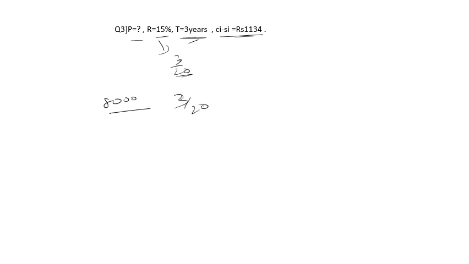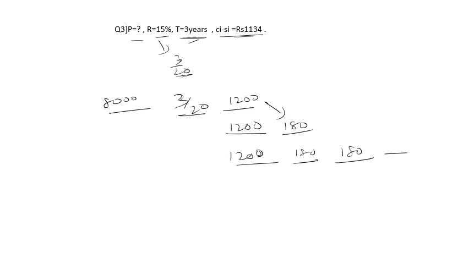3 by 20 of 8000 is 1200. Second year 1200, and 3 by 20 of 1200 is 180. Third year 1200, and 3 by 20 of 8000 is 1200. Next 180, 180, and 3 by 20 of 180, that is 27.